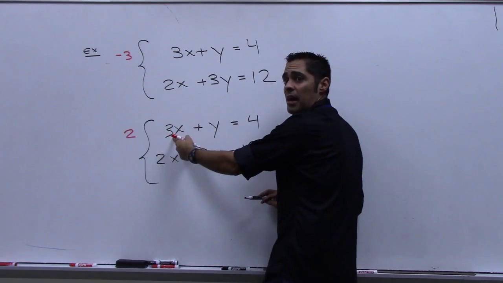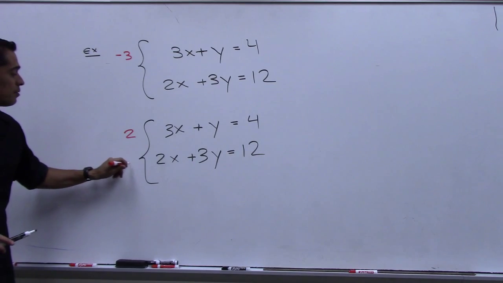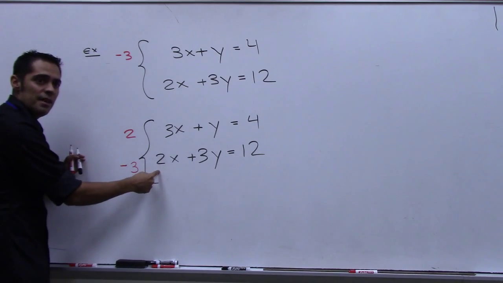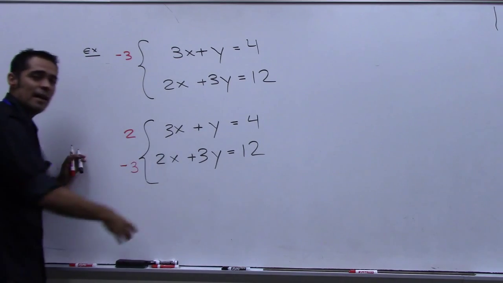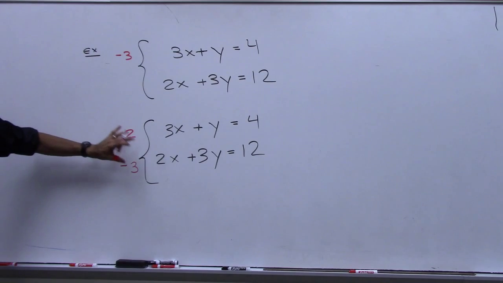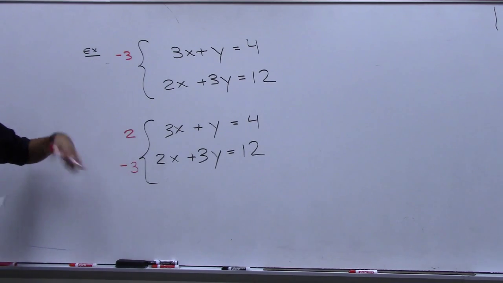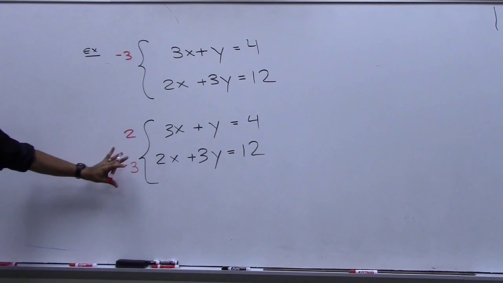That would give me a 6x. And then the bottom by -3, and when I multiply that through, I would get -6x, wouldn't I? I'd do them both at the same time. And that would make the x's cancel. This way is a little bit harder than the other, I think. But we have to know how to do this also, because I'm going to give you an example where you have to do this. There are no options.